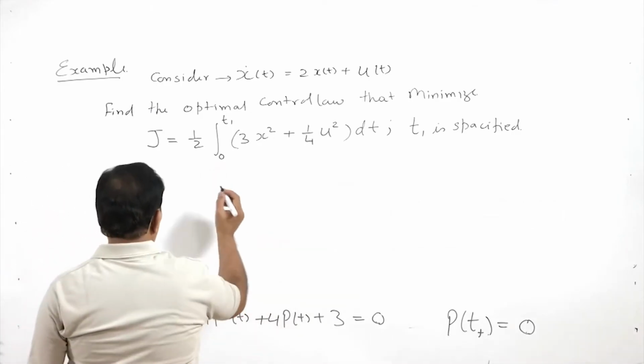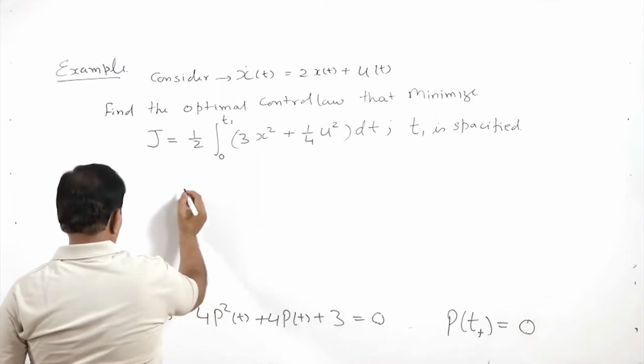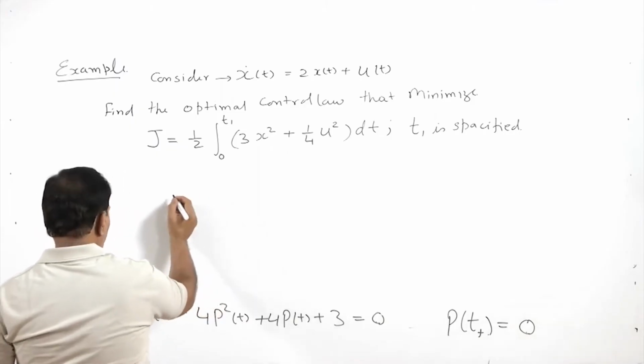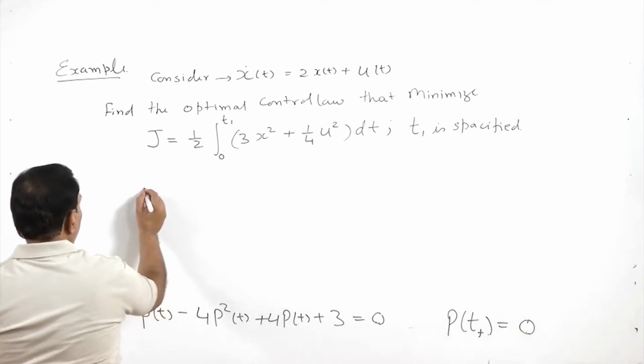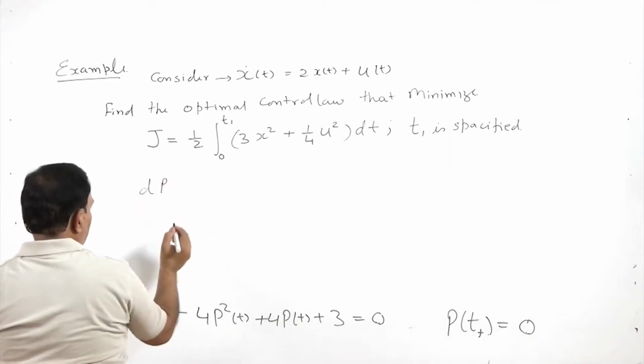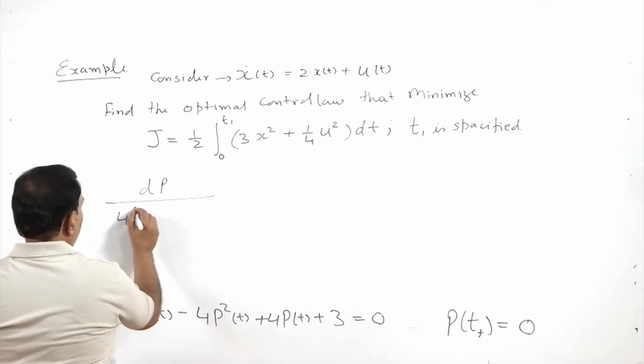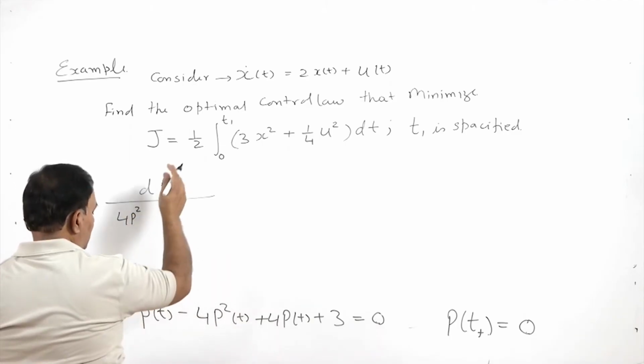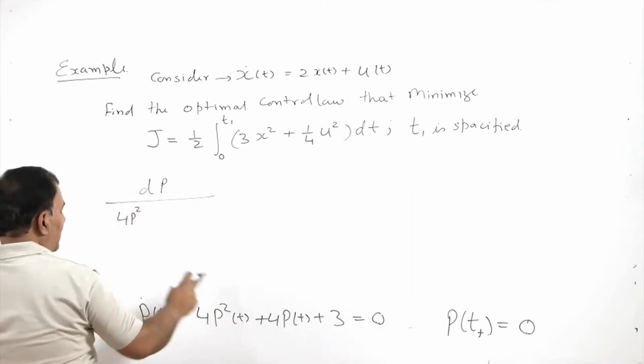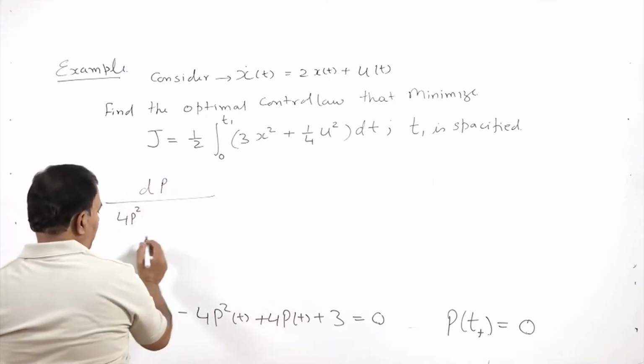So, I am writing this as dP by dt equals 4P squared minus 4P minus 3; just for simplicity I am dropping the t terms from here.